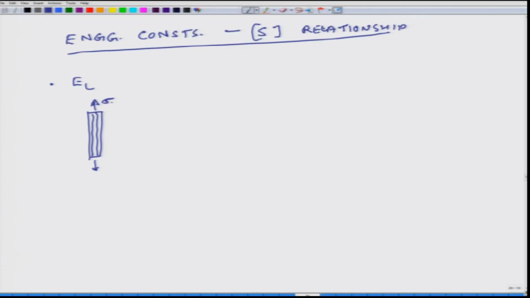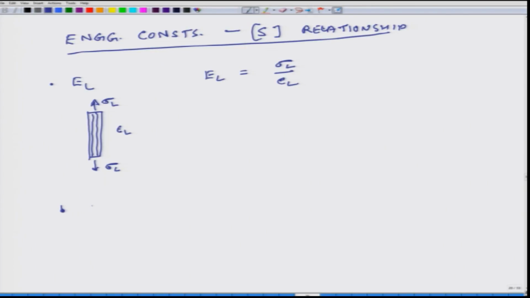So, you apply sigma L, and as you apply sigma L it generates epsilon L. So, then EL is equal to sigma L over epsilon L. So, that is how you calculate or determine experimentally EL, that is an engineering constant.